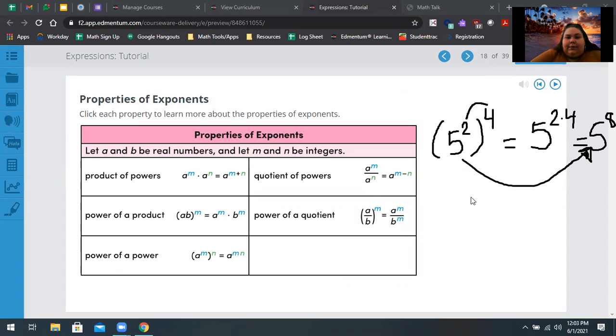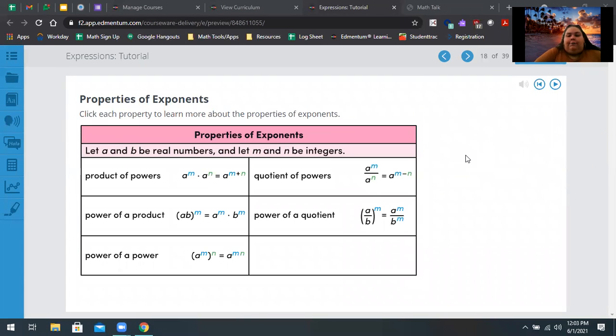Let's go ahead and talk about quotients of powers. So when we are dividing, which I probably should have done right after the product of powers, the only reason I wanted to go back to that is because, well, we'll talk about that after. I'll make a note of it.